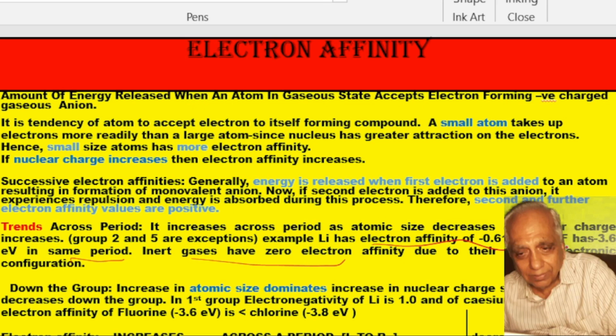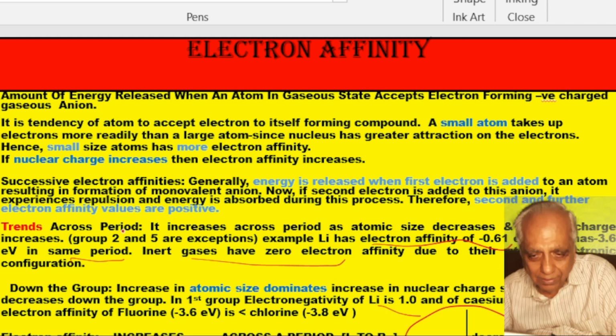You can see lithium is 1 and cesium is 0.7, so it is less. Fluorine is minus 3.6, whereas chlorine, which is just below, is minus 3.8. So this is in a group. Okay.